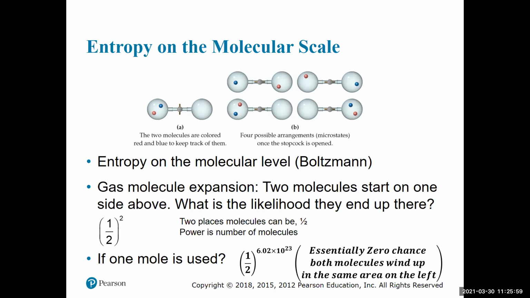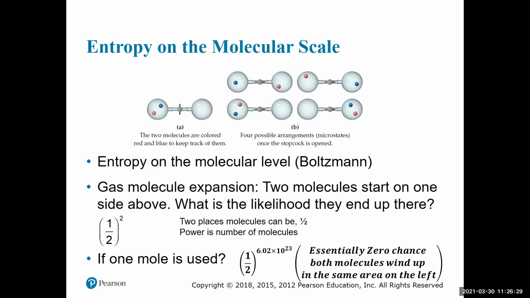But do you remember Avogadro's number, 6.02 times 10 to the 23rd? Remember, we defined Avogadro's number as saying that tells us how many molecules of something are in a mole of that material. So let's say that we have a mole of stuff instead of just two molecules. Well, we still have this 1/2 value, right? Because there's still just two spots, left and right.